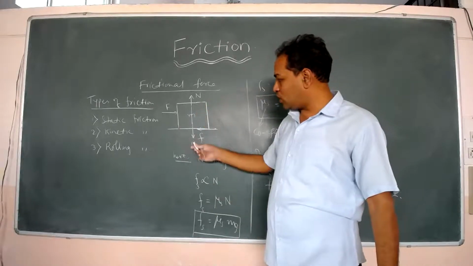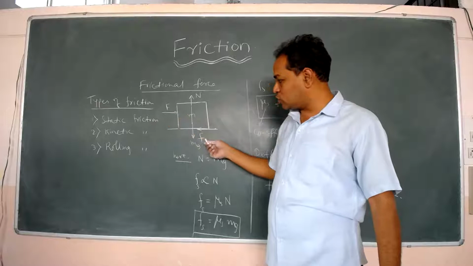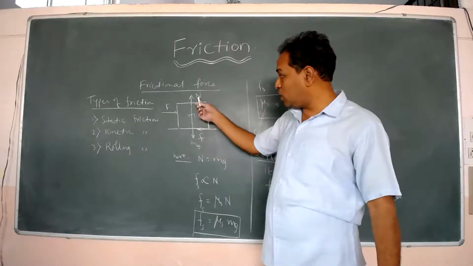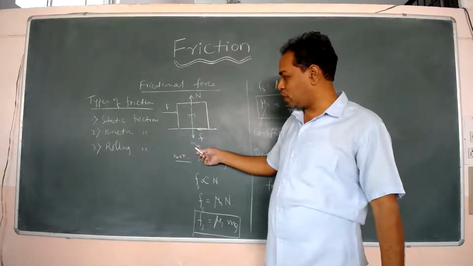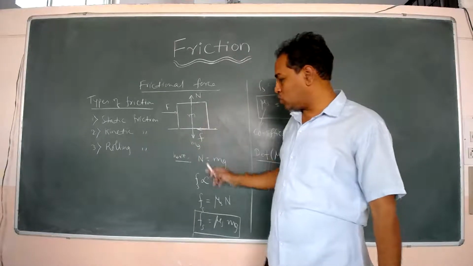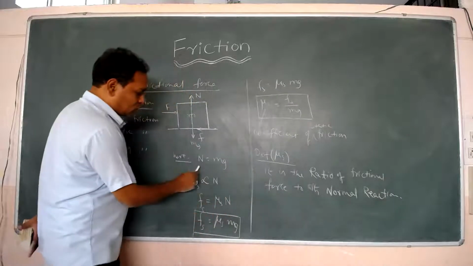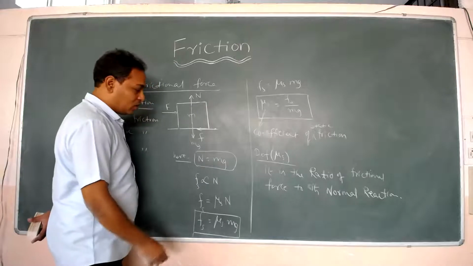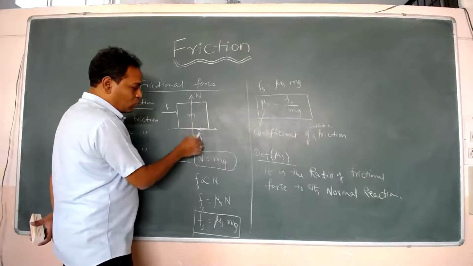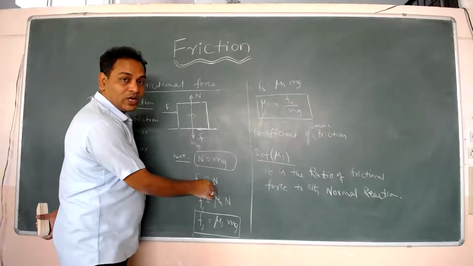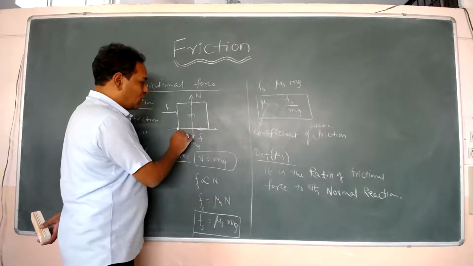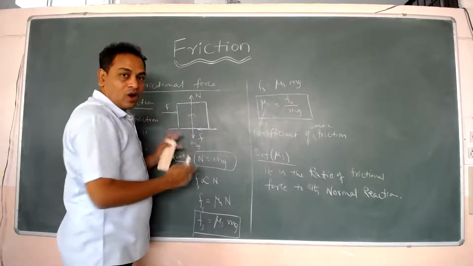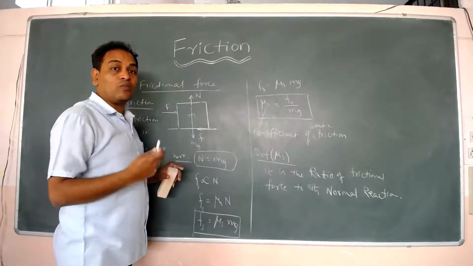Whatever force I have applied is equal to the frictional force only. That much force is developed here. And the normal reaction is equal to mg, its weight, at the equilibrium position. So at equilibrium N is equal to mg. One more thing: the frictional force between the two bodies is directly proportional to N, the normal reaction. If the weight of the body is increasing, that means if you take a bigger body of more weight, then it will have more friction.